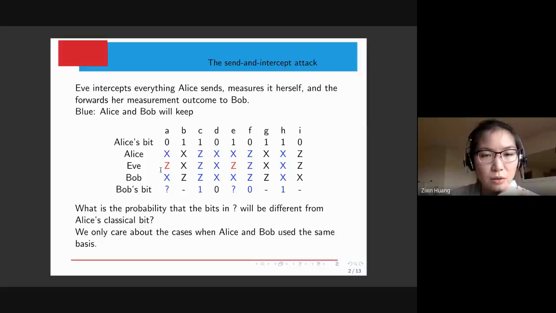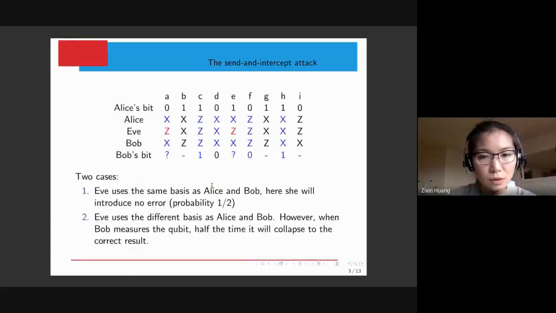So in the first column labeled A there, say for example, Alice has prepared in X and Bob has measured in X, whereas Eve has measured in Z. So the formal question is, what is the probability that Bob's bit, given in a question mark there, will be different from Alice's bit?